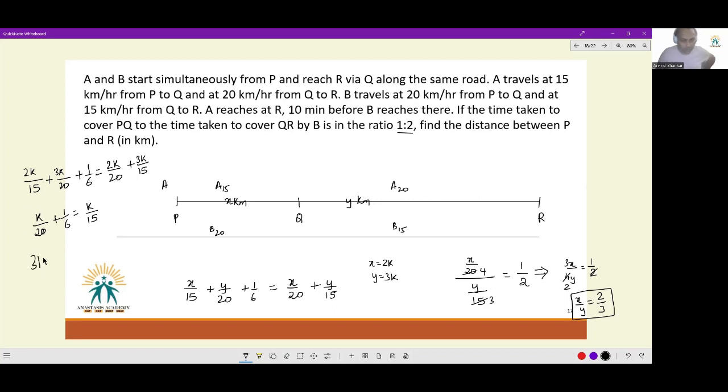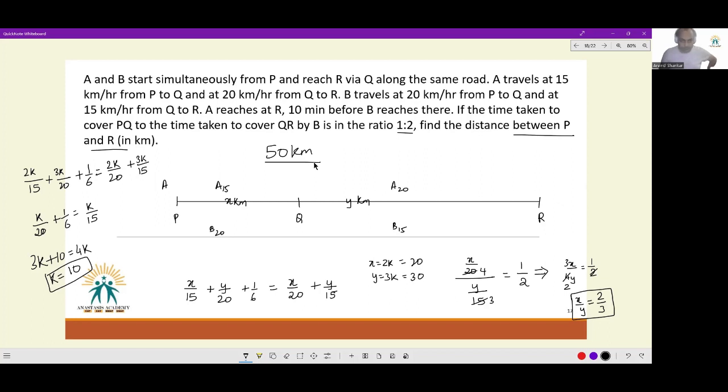So this will be 3k plus 10 is equal to 4k, or k is equal to 10. If k is equal to 10, the distance x will be 20 kilometers, distance y will be 30 kilometers, and finally they've asked me the distance between P and R. That will be a total of 50 kilometers.